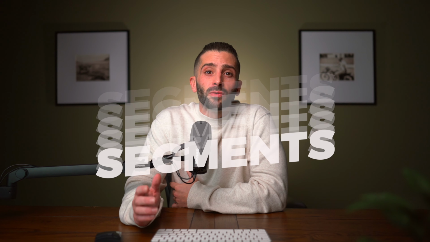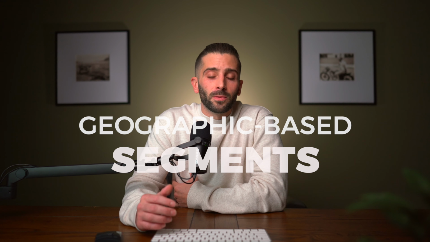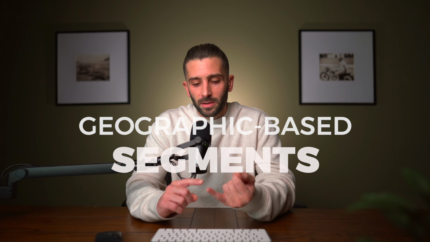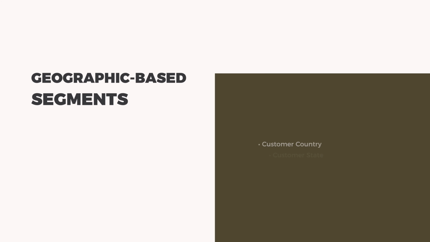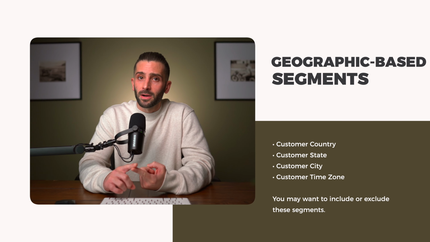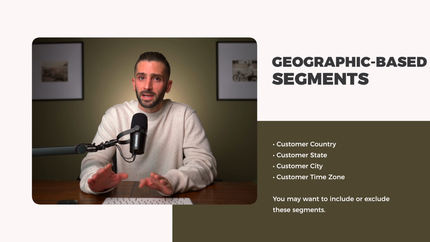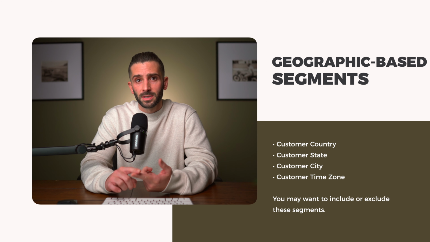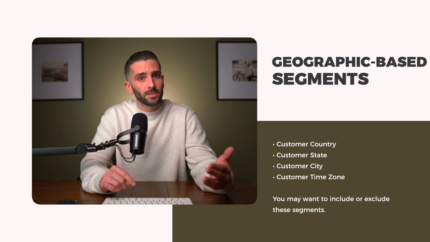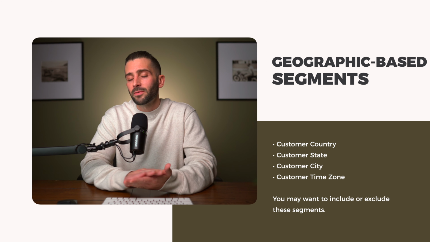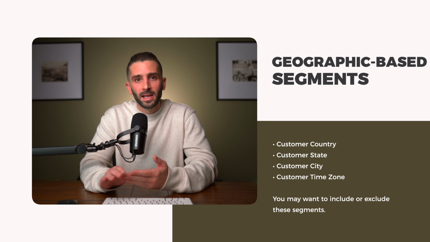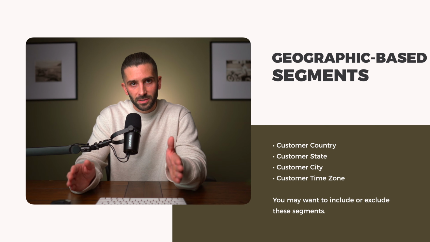Next is geographic-based segments. Now, this can be whether it's states, countries, or even time zones. And to be honest, I actually segment my audiences with every single client I work with based on time zones. And again, if we go back to that 30% off example, I run promotions all the time that start and finish at a certain time in the day. So for example, let's say I'm running a 30% off deal.